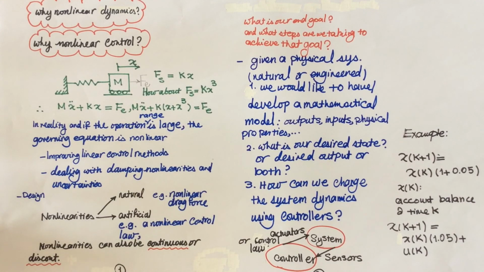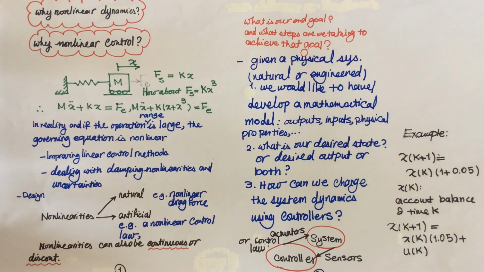So in many cases, we need to sample our continuous signal, and then our continuous problem may turn into a discrete problem. So when we say dynamic systems, we talk about both continuous and discrete dynamic systems.